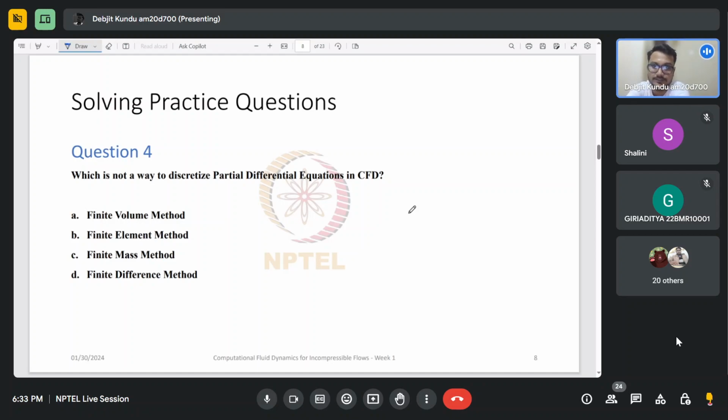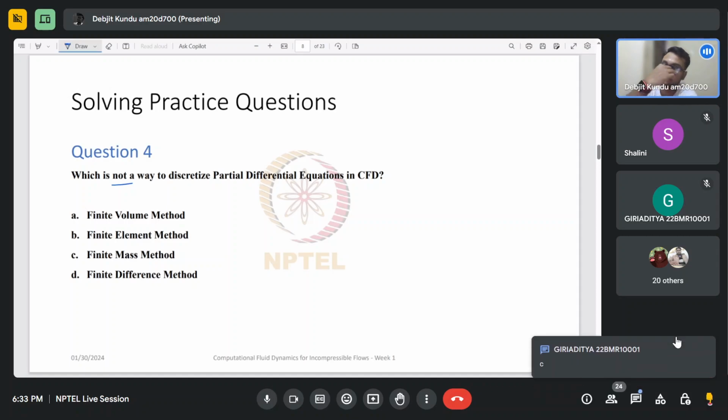Which of those is not a way to discretize partial differential equations in CFD? Is it finite volume method? Is it finite element method? Is it finite mass method? Or is it the finite difference method?